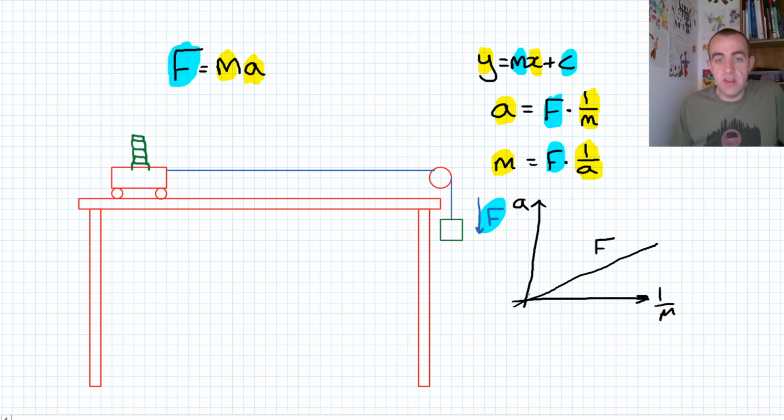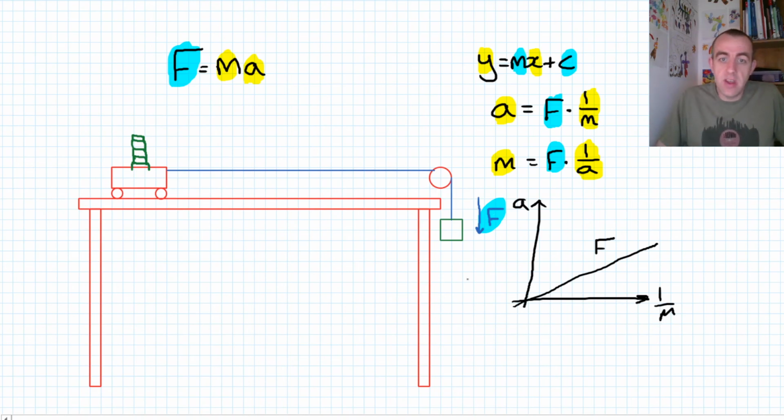If, however, there is a non-zero origin, so there is some y-intercept, should I say, then we're saying there's some acceleration for a given force even though we've got an infinite mass, which wouldn't make much sense, I suppose, this way around.